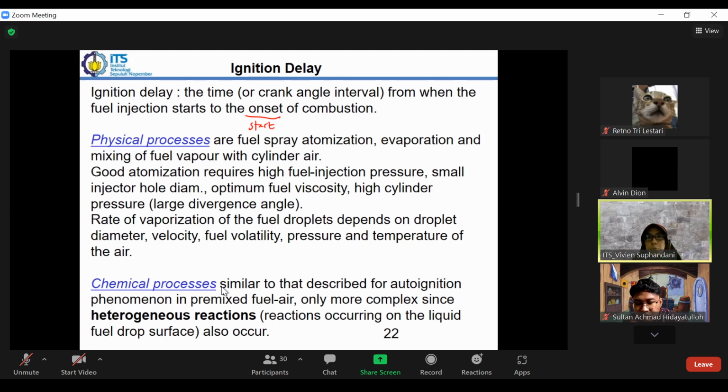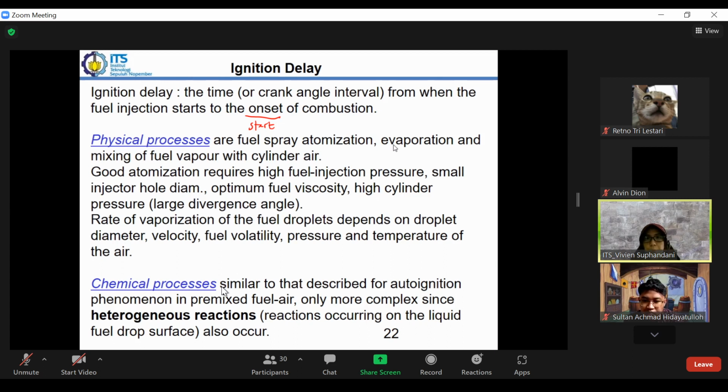Also, a smaller injector hole diameter means the velocity will be higher as well, which makes the fuel easier to atomize. And also we have the fuel viscosity, which affects the atomization as well, and the cylinder pressure.